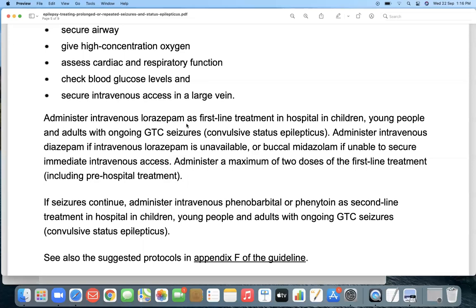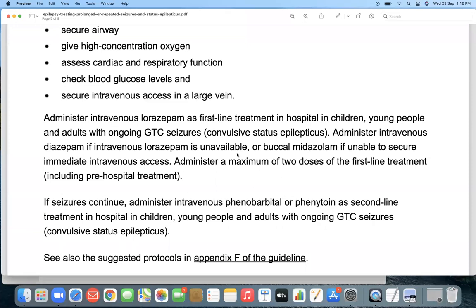Administer IV lorazepam as first line treatment in hospital in children with ongoing GTC seizures, convulsive status epilepticus. Administer IV diazepam if intravenous lorazepam is unavailable, or buccal midazolam if unable to secure immediate intravenous access. So if lorazepam is not available, then you can go for IV diazepam.